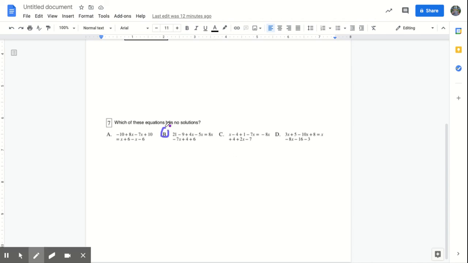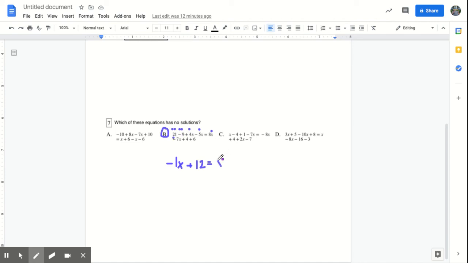Let's try B. So I want to combine the like terms. So 4x minus 5x, that's going to be minus 1x, or minus x. And then 21 minus 9, let's see, that would be 12, so plus 12. On the right side, I have 8x minus 7x.